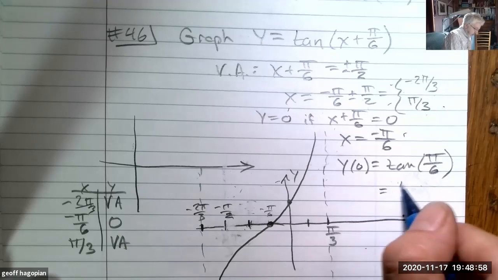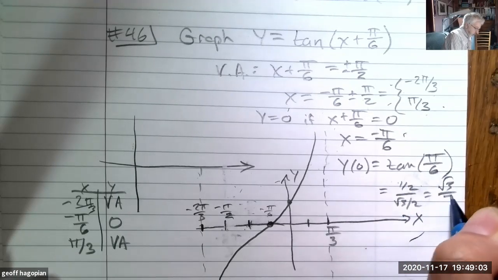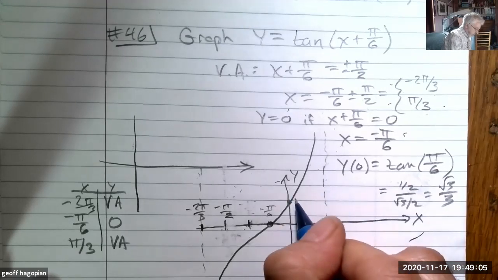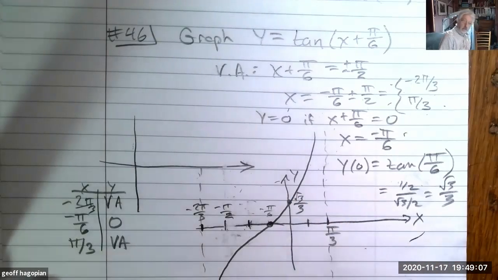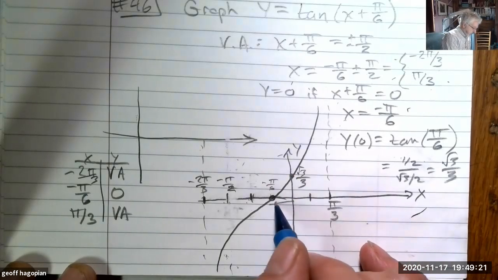Sine is a half. Cosine is square root of 3 over 2. So this is the one that's square root of 3 over 3. So that would be this intercept value there. Okay, that's a quick and dirty rendition of the tangent function for the input shifting to the left pi over 6, right? You see that shift to the left by pi over 6?